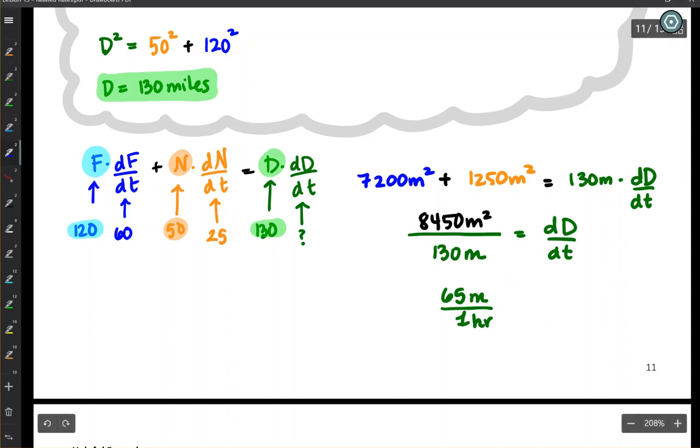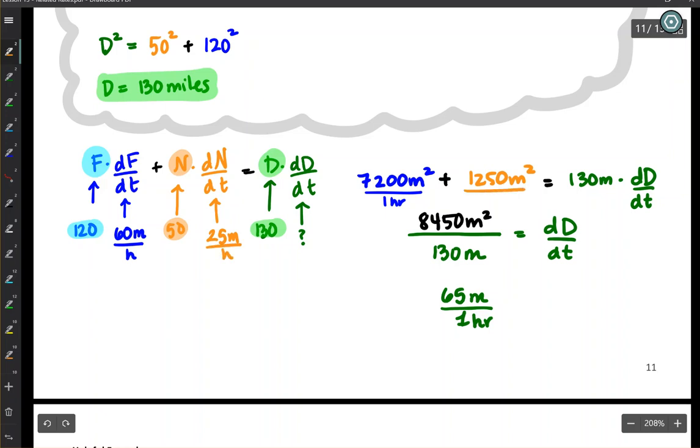And just one thing I'm catching right here, if I was going to go with the units, I should have written them the whole time. That 60 isn't just a 60 miles, right? It's a 60 miles per hour. So these are all per 1 hour. Same thing here, 25 miles per hour.